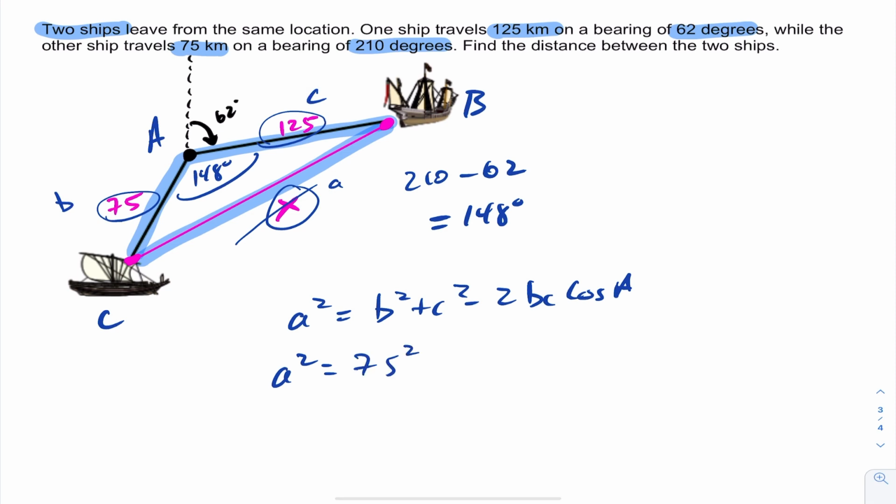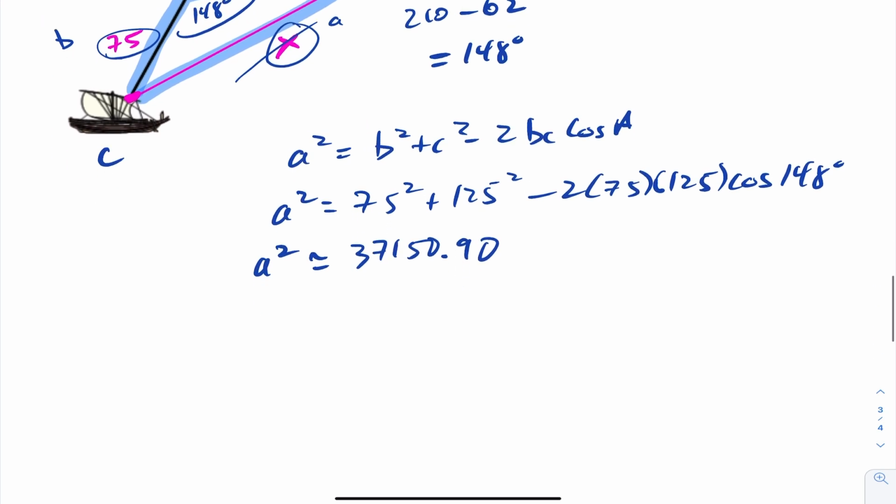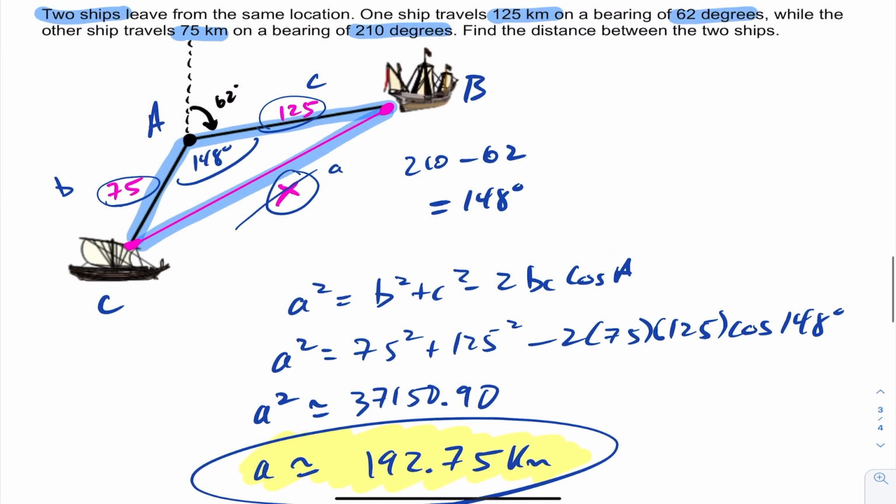So a squared equals 75 squared plus 125 squared minus 2 times 75 times 125 times cos of 148 degrees, which is approximately 37,150.9. Taking our square root, we get approximately 192.75 kilometers.